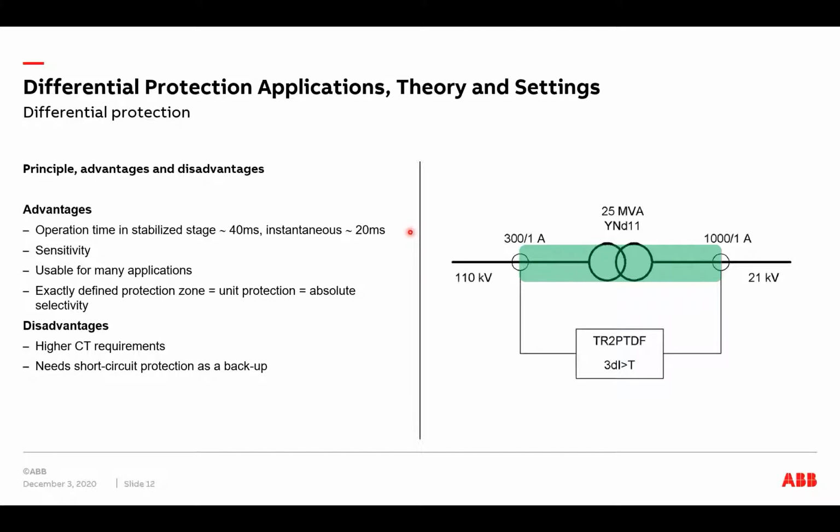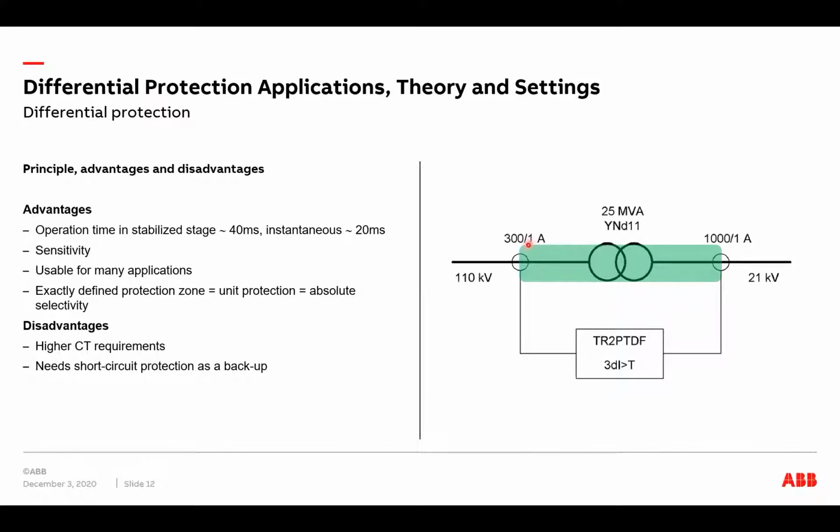And as you can see here, we have quite fast operate times, where we have 40 milliseconds for the stabilized stage and 20 milliseconds for the instantaneous stage. And since we are calculating the difference between the current flowing into the transformer and what is flowing out, we will have a very sensitive protection. And generally speaking, differential protection can be used in many different applications. I will show that in the next slide here.